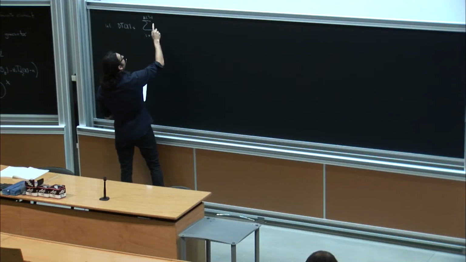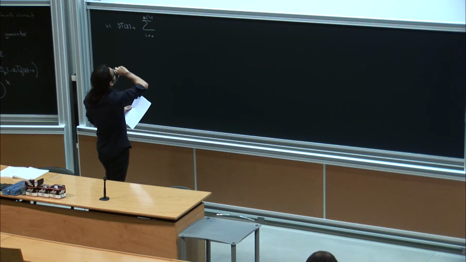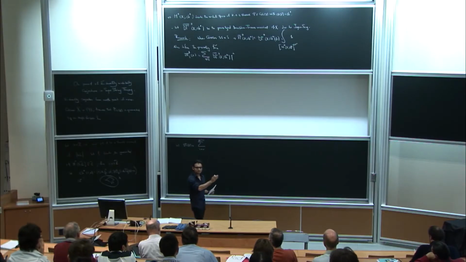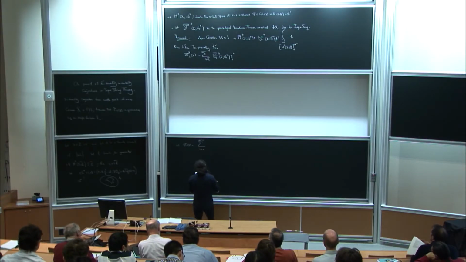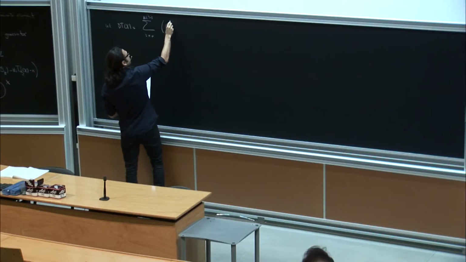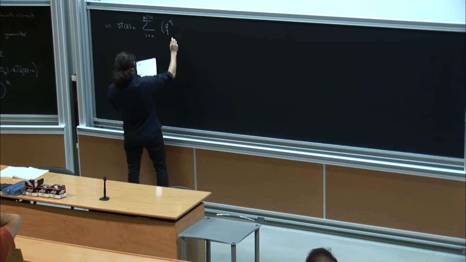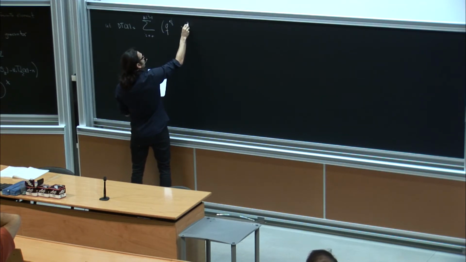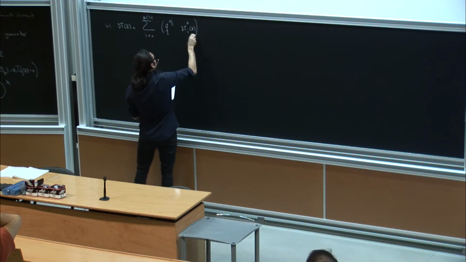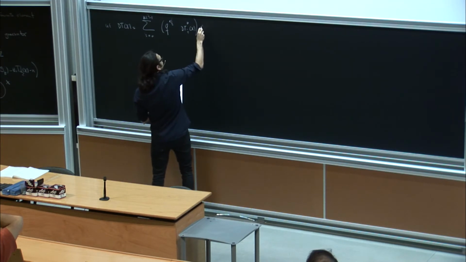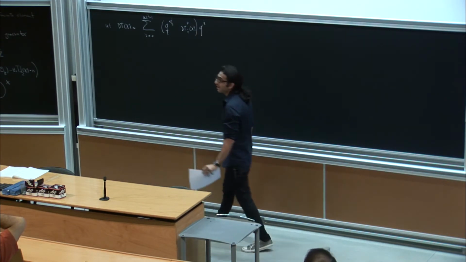So I'm adding over all of those dt h I's, but I'm also shifting the series a little bit by q to the power a_I, and I introduce a new variable q prime to the I.